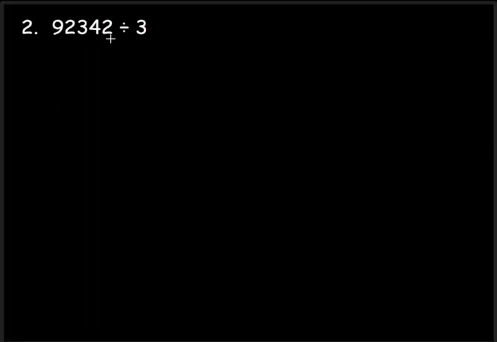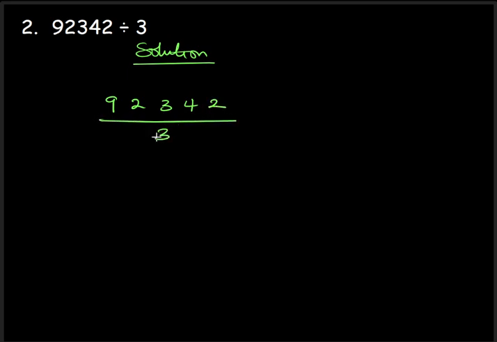Let me also take this one using the short division. Let's see the solution. This will give us 92342 divided by 3. 3 here, 1. 3 into 9, that will give us 3.